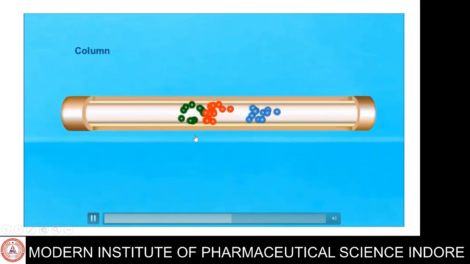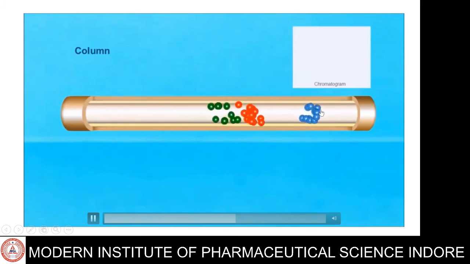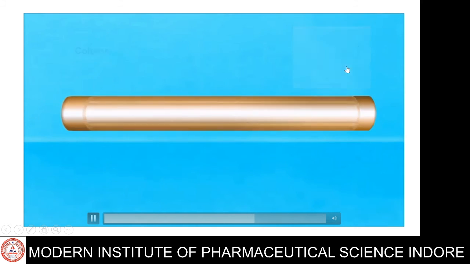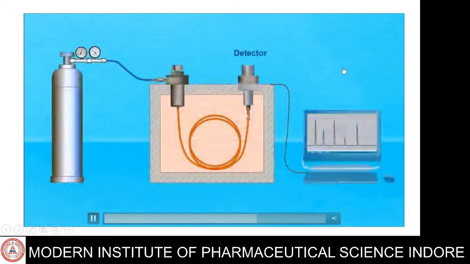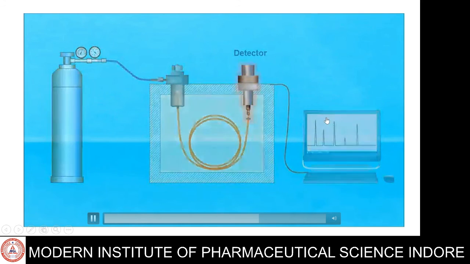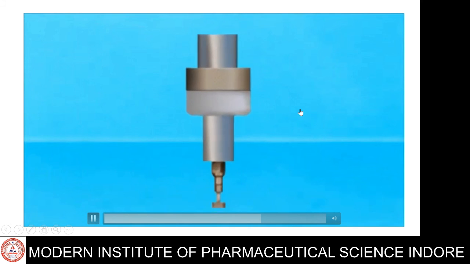A component that absorbs least strongly with the stationary phase will spend least time in the column, will be retained in the column for the shortest time, and will therefore have the shortest retention time, RT. It will emerge from the gas chromatograph first. If we consider a two component mixture, component A and component B, component A is more polar and component B is less polar than component A.